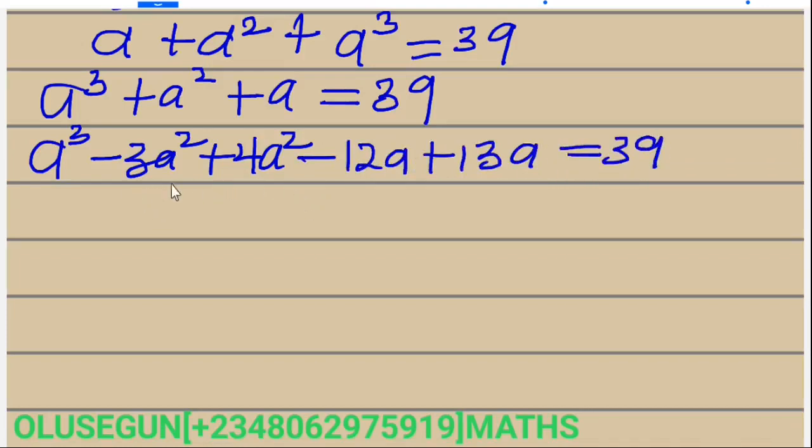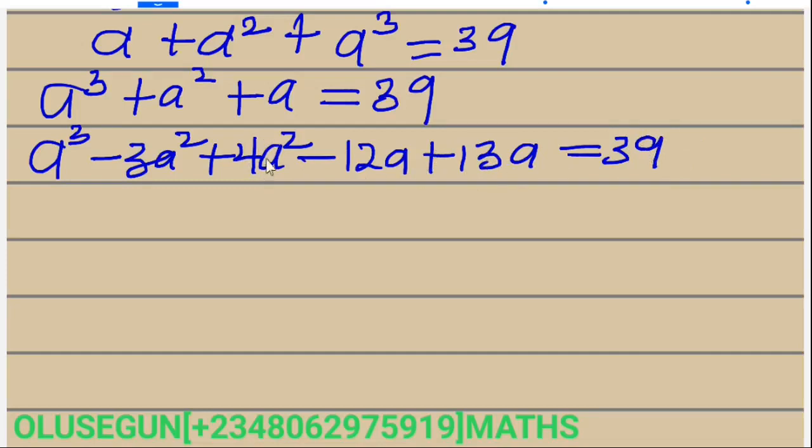Please, before I go further, how do I know to write minus 3a squared plus 4a squared? The first logical thing that will make you know is this. What can also give you a squared is minus 3a squared plus 4a squared. I will now find a number that can be a factor of 39. That is my first assignment.